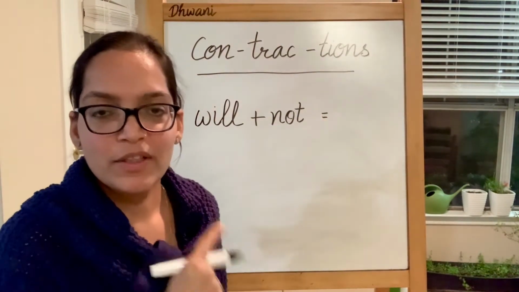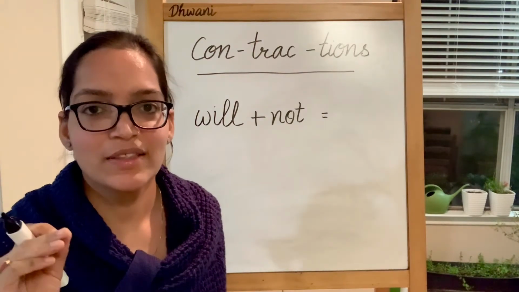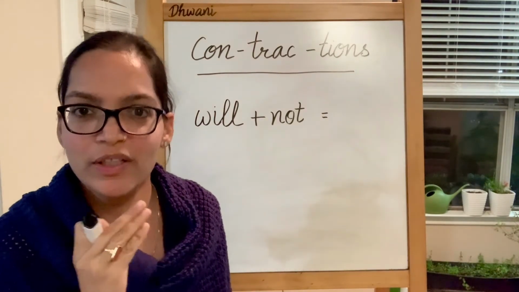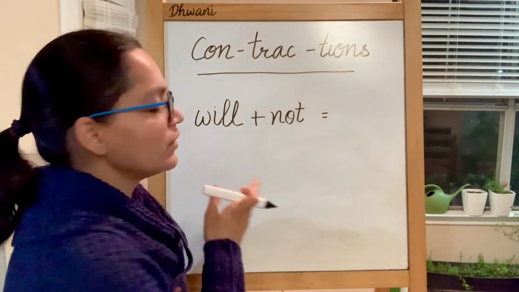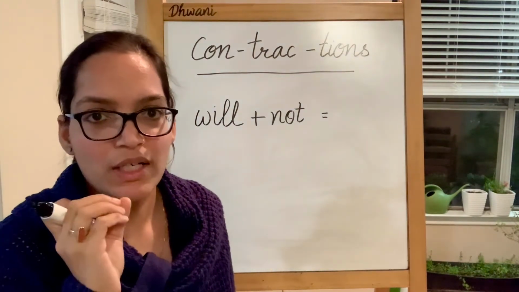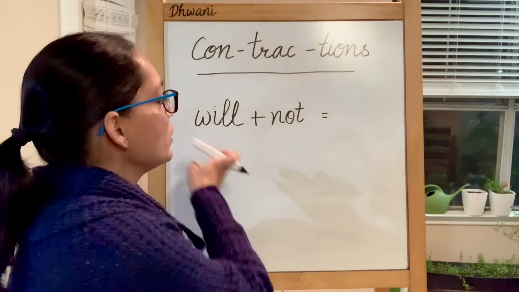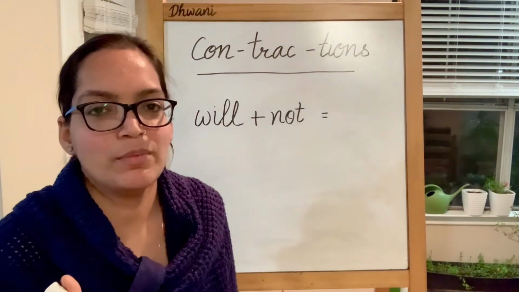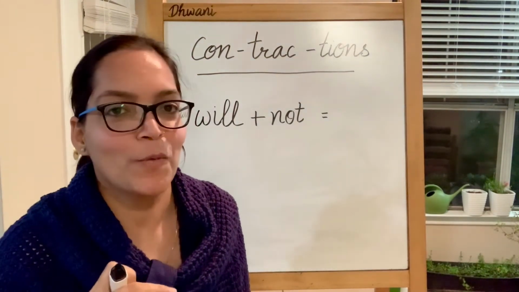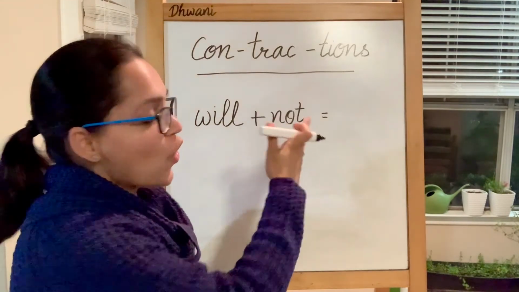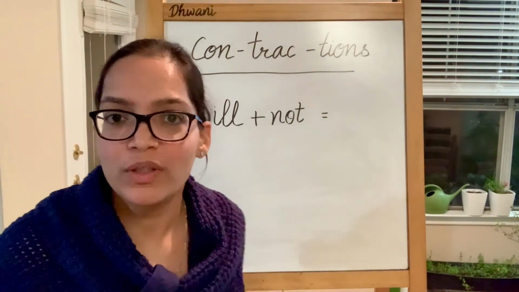Now that we have done negative contractions, and we have seen that we usually remove the O and turn it into an n't sound, this should ideally be willn't, but is it? No. Will plus not turns into won't.